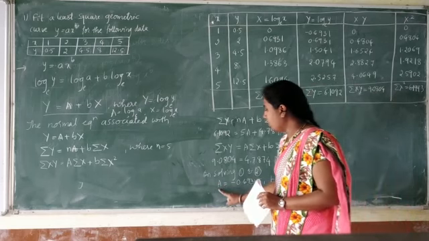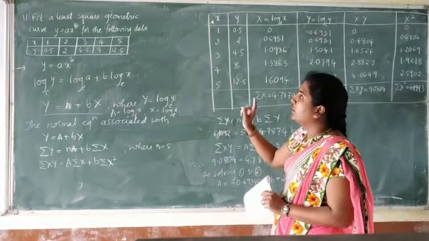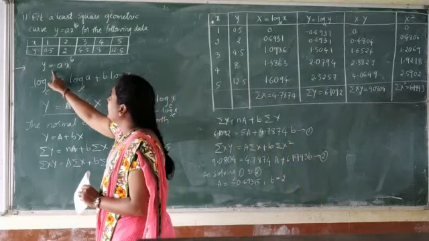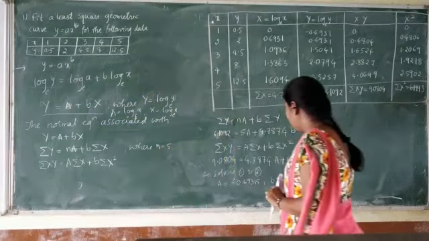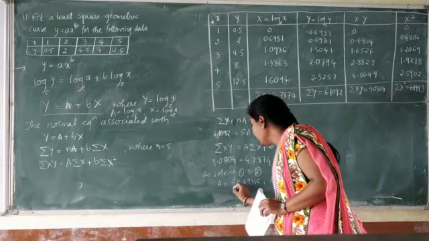This is the value of capital A. But to fit a curve y equals a x raised to b, here it is small a. So we need to find small a.